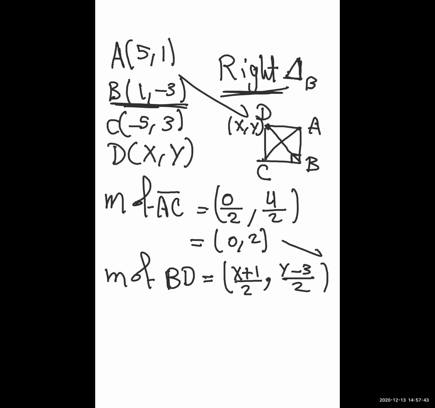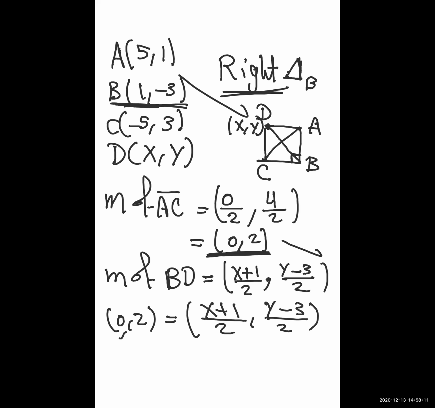Because this is a rectangle, the two diagonals bisect each other. So this means the midpoint of BD will equal (0, 2). Are we clear till now? Yes. Okay, so simply, guys, (0, 2) will equal X plus 1 over 2 and Y minus 3 over 2.